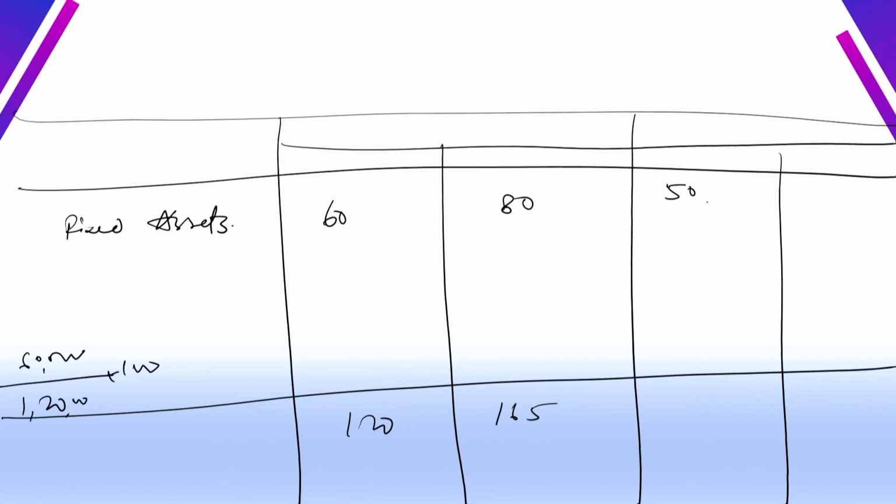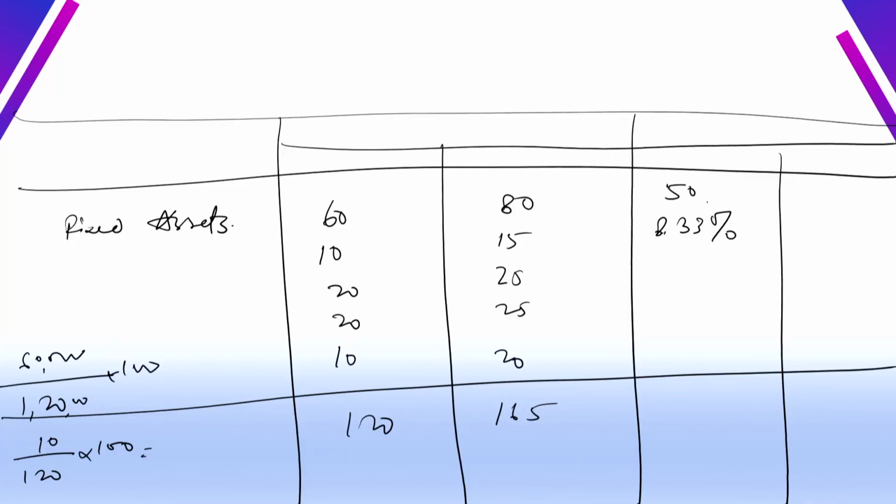Then there are other assets 10, 15. So 10,000 of 1,20,000 will come at around 8.33%. Then the other assets are 20, 20, 10, 25, 25 and 20. So 20,000 of 1,20,000 will come at around 16.67%.